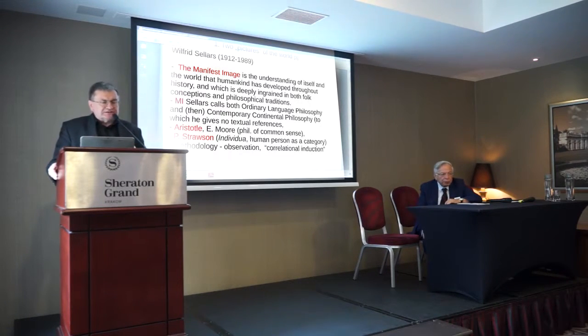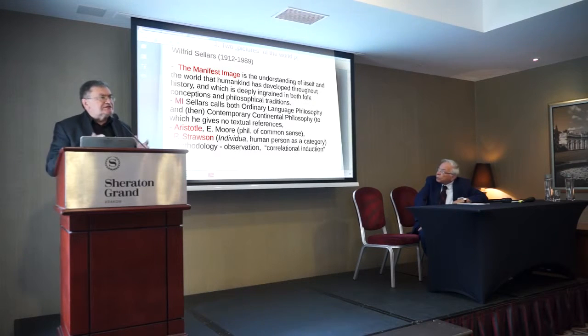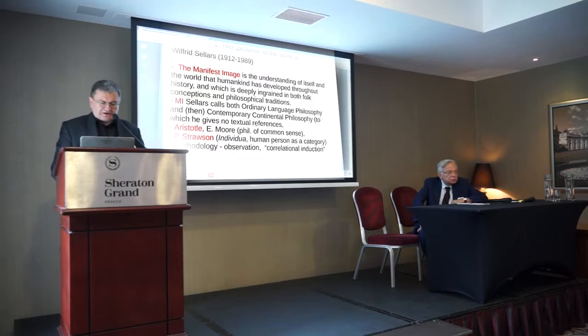And the methodology in this manifest image is observation, and then correlation and induction, what we have to put into the syllogism, because it is the most important kind of argumentation for Aristotle.